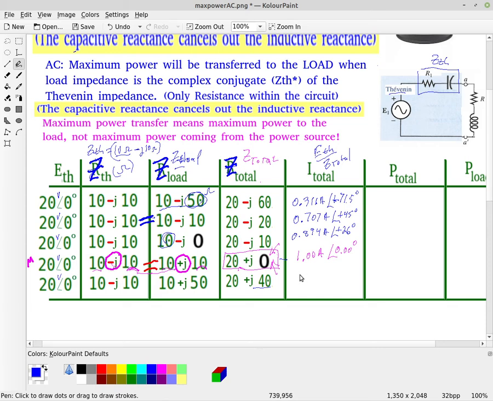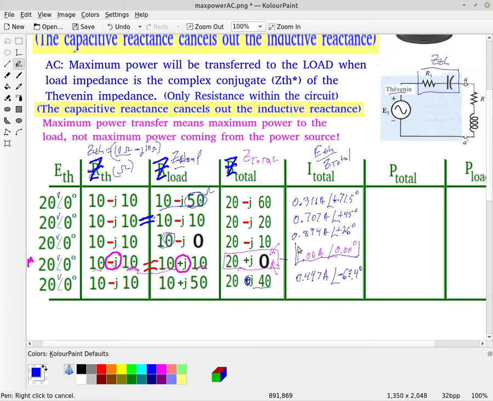And so our current now becomes 0.447 amperes at an angle of minus, now this is a plus, so it's at an angle of minus 63.4 degrees.